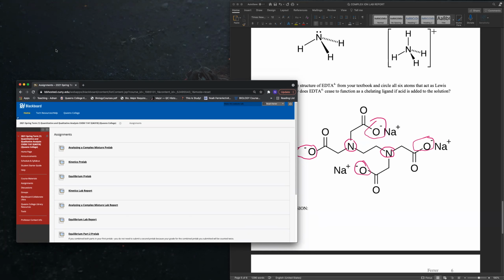EDTA 4 minus is deprotonated and acts as a chelating agent due to its negatively charged oxygens and lone pairs on its nitrogen.